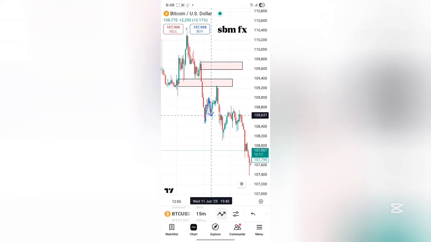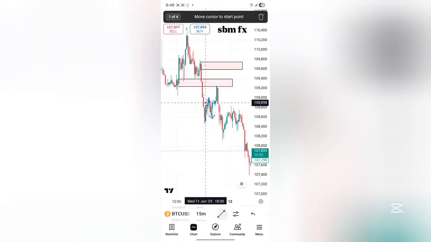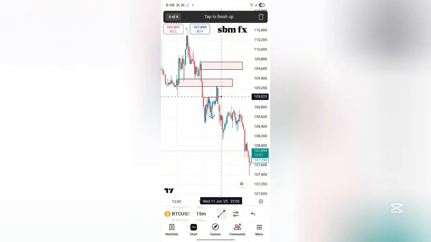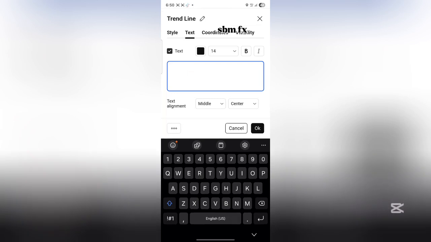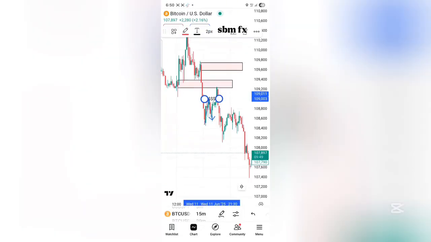But for this chart, you notice that this pullback retraces 100% of this first leg. Then what you should do next is mark out your liquidity point. I represent my liquidity with LQ, but most times I represent it with a dollar sign, just for you guys to understand.